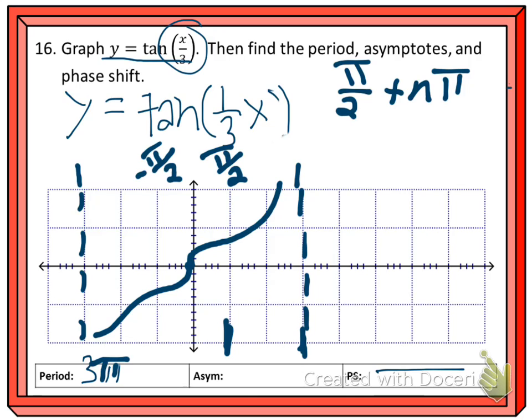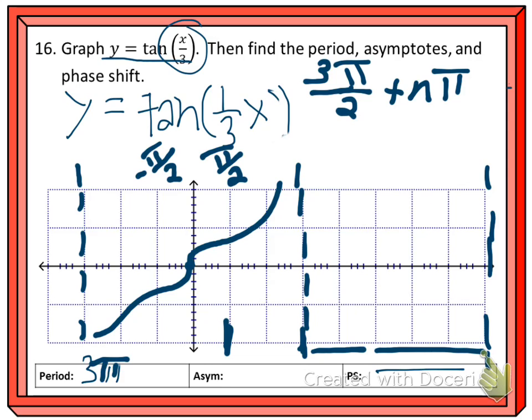at 3 pi over 2, obviously. We're starting them there at 3 pi over 2, and we're not doing them every pi, which would be that length. We're doing it every 3 pi, so our next one would not be until here.